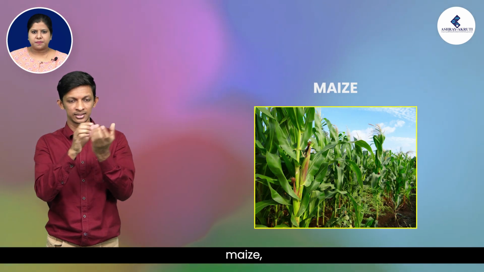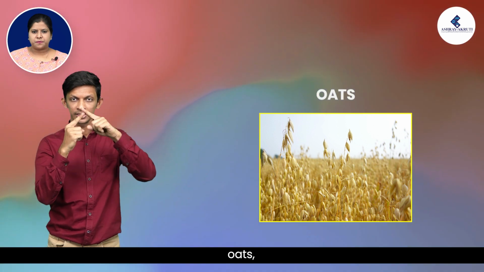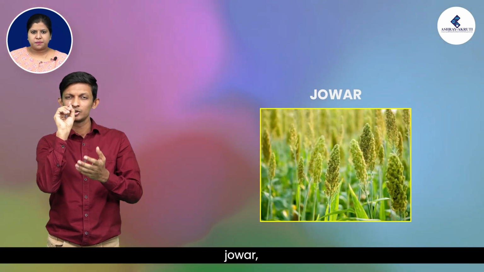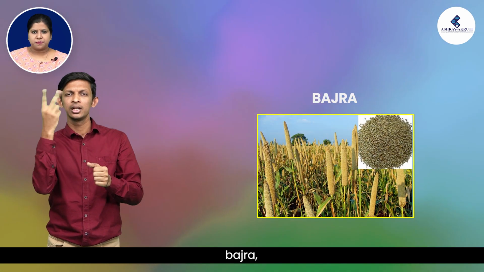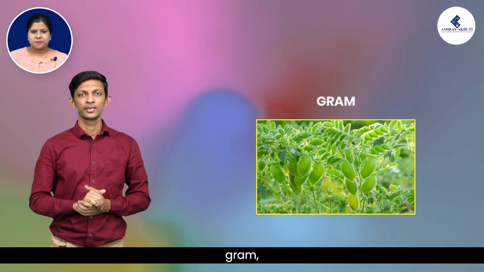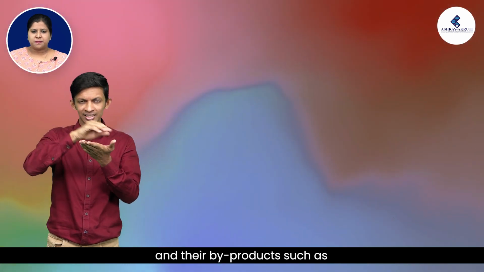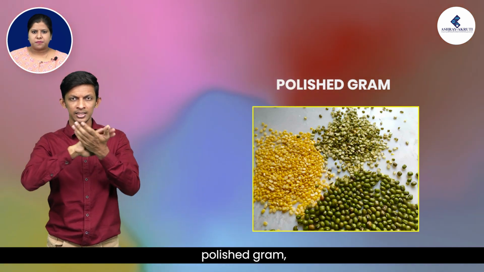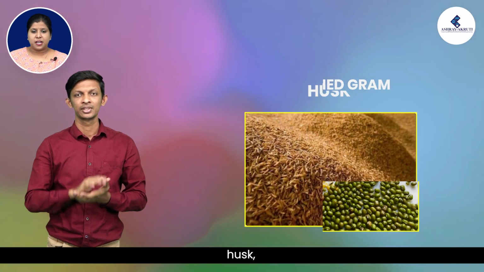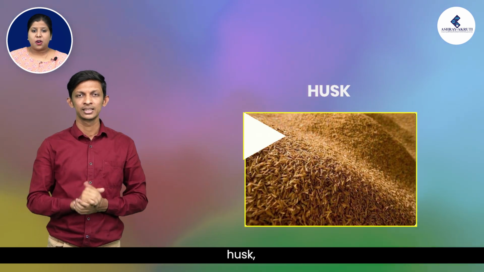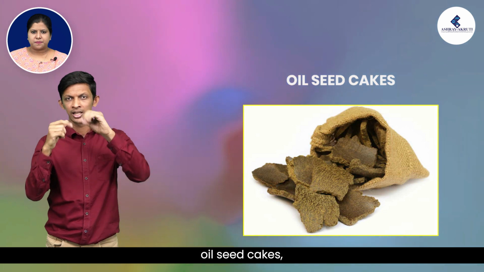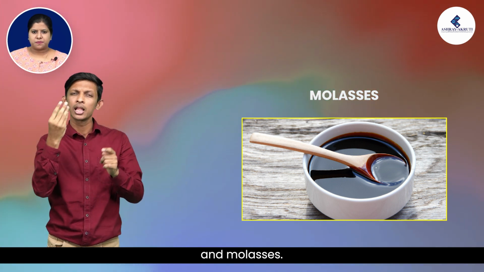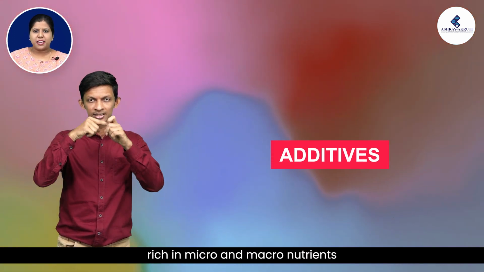Like maize, oats, barley, jowar, bajra, gram and their byproducts such as wheat bran, polished gram, husk, oil seed cakes, and molasses. Additives rich in micro and macronutrients.